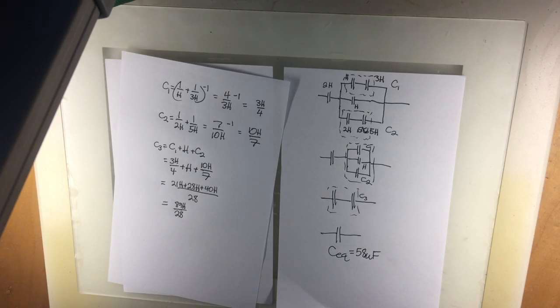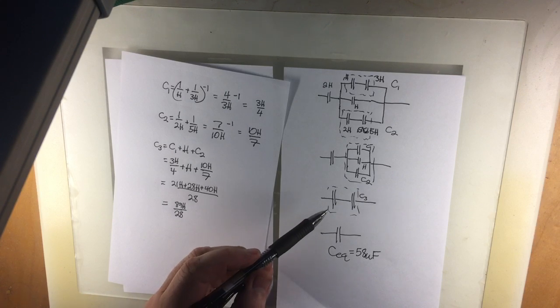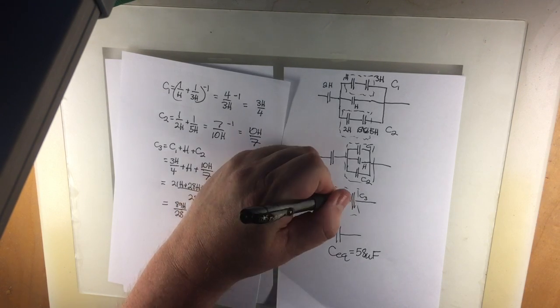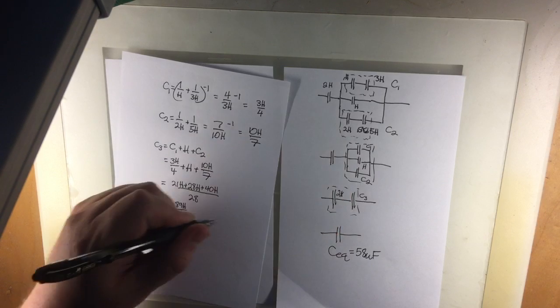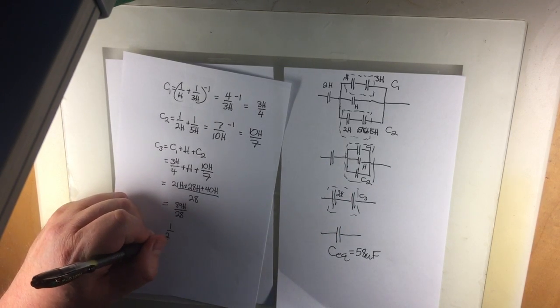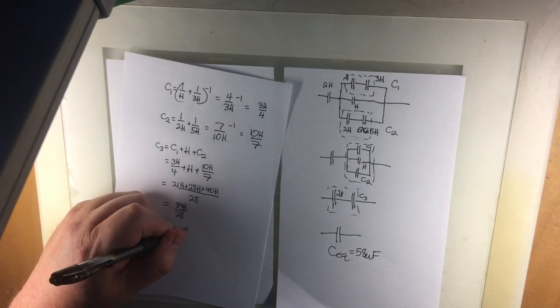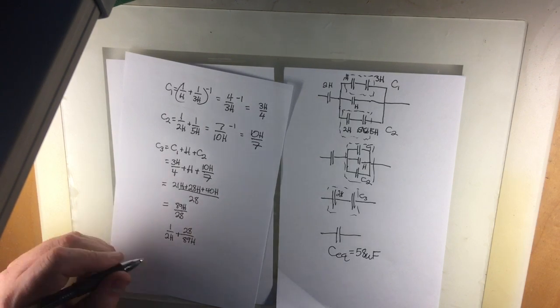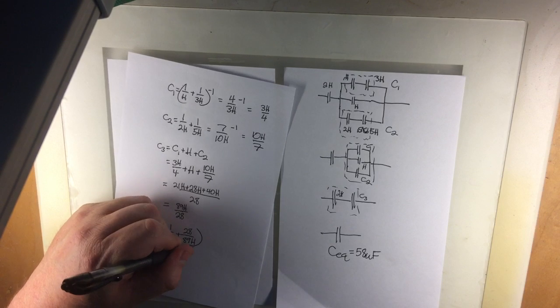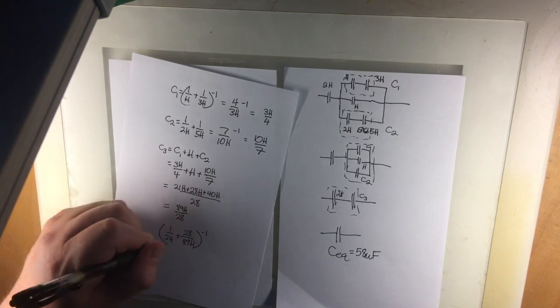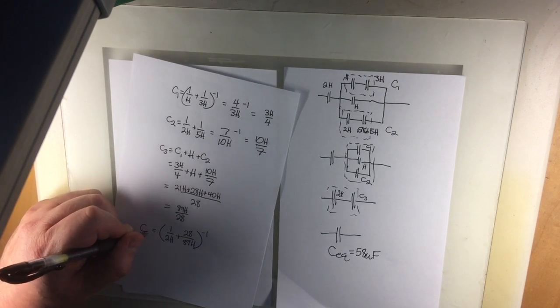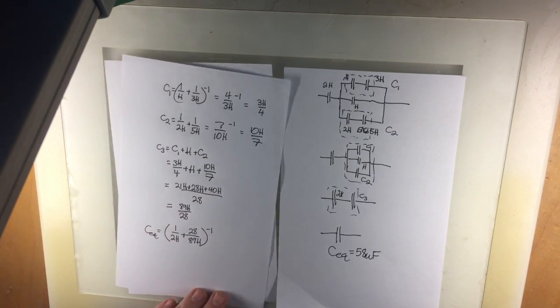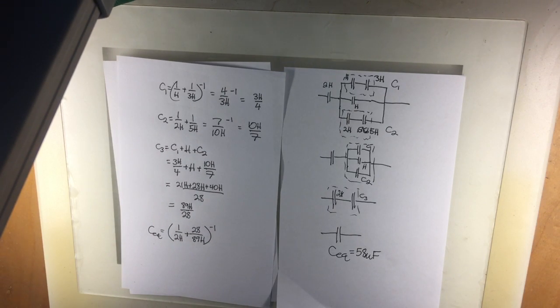That is C3. C3 is in series with a 2H capacitor. So this is 1 over 2H plus 28 over 89H. Not sure if I was being nice or cruel to the class, but CEQ is 1 over 2H plus 28 over 89H. Oh my goodness, I must have been angry at my students.